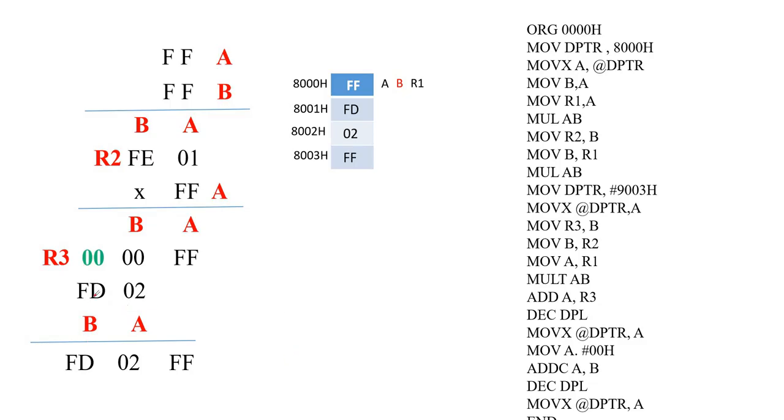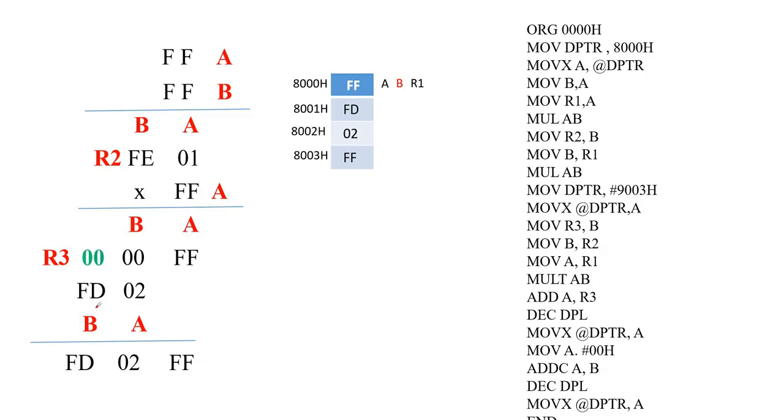Again here we will add FD and 00. We are adding the contents of the accumulator with the contents of B along with the carry which will be generated here. If at all a carry is generated, then it has to be added with that.